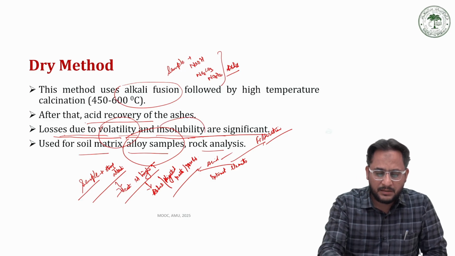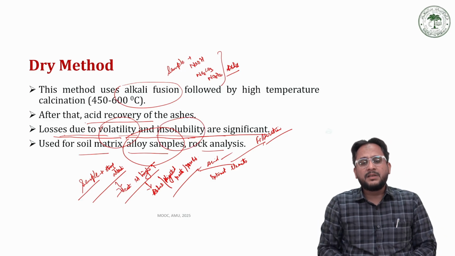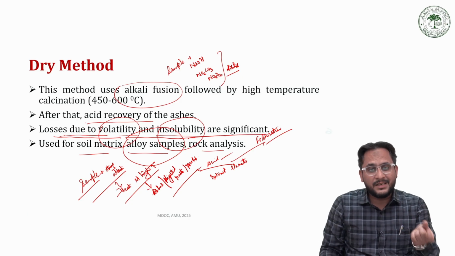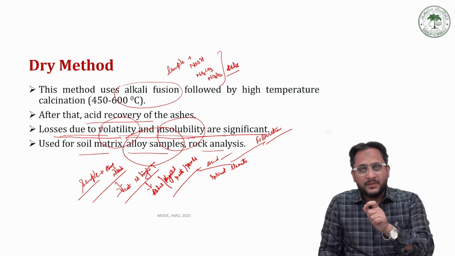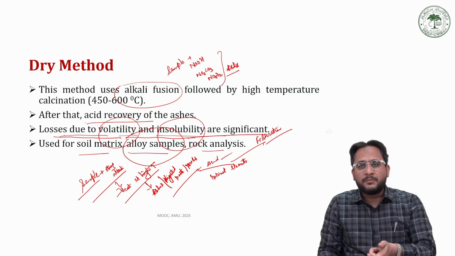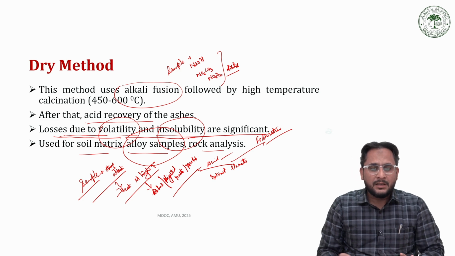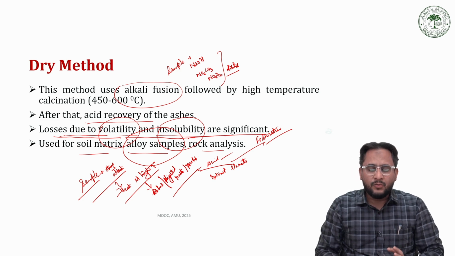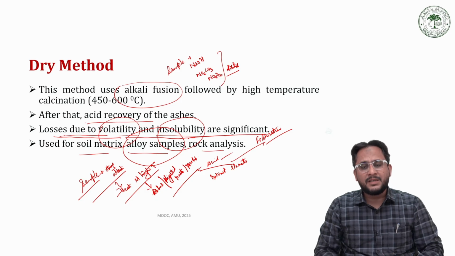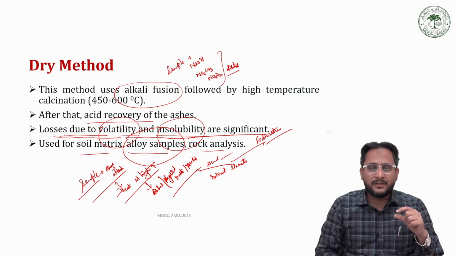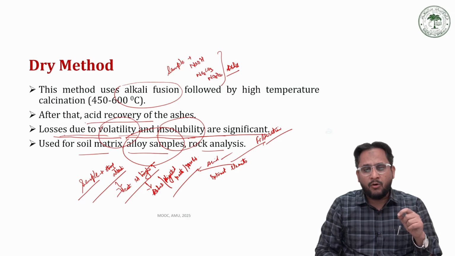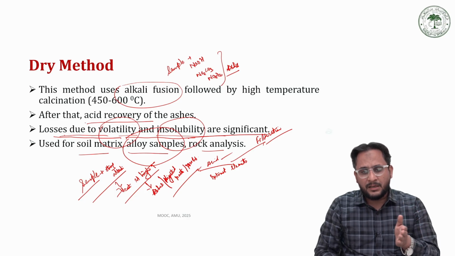In the second case, if the elements are insoluble, or if the sample matrix is insoluble in the base, even after proper mixing or giving sufficient time to interact, some of the sample matrix will not react, and only a fraction of it will react, resulting in a low concentration of the elements finally present in the ashes.